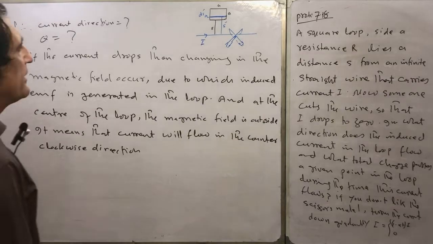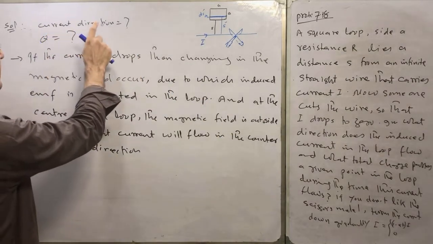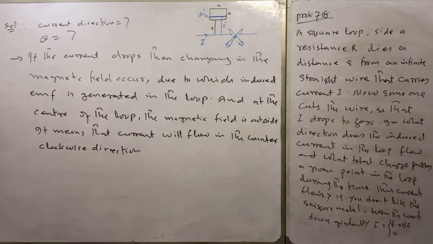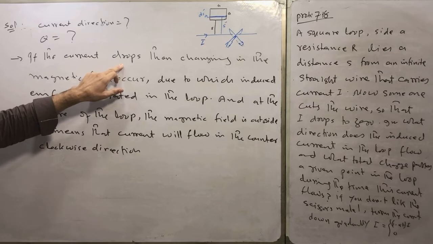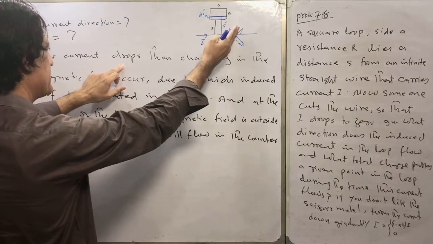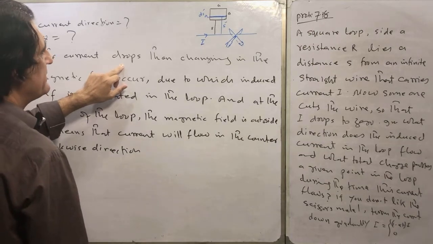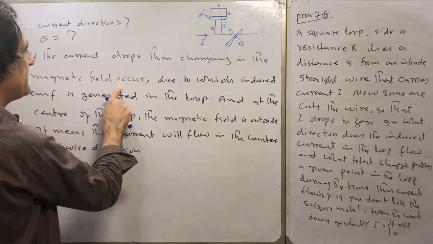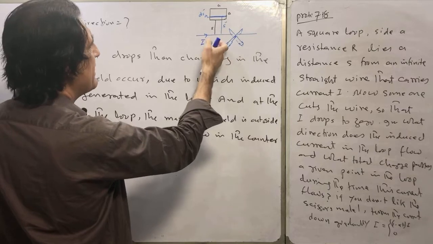So first of all, we look for the current direction, and then for the charge in this loop. If someone cuts this wire, then the current drops, and a change in the magnetic field occurs.